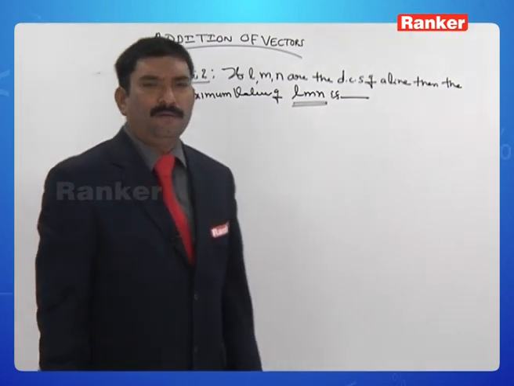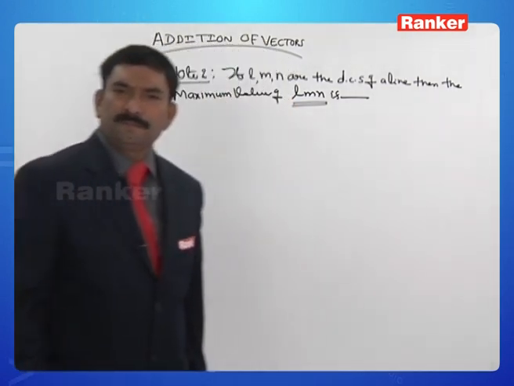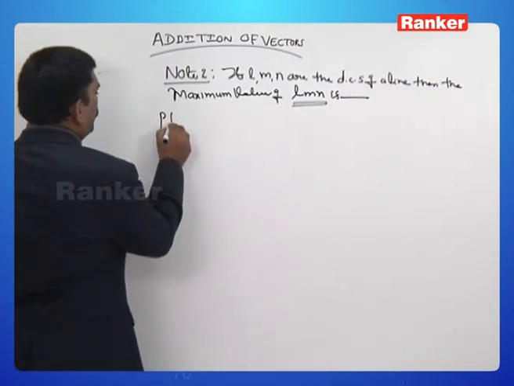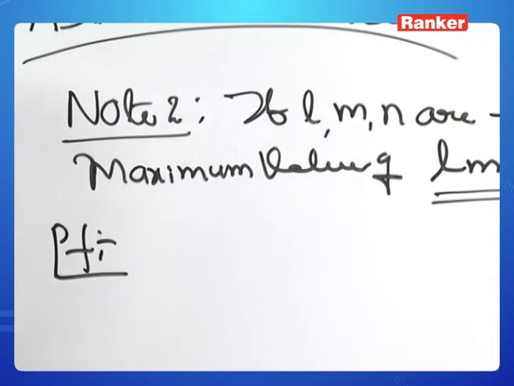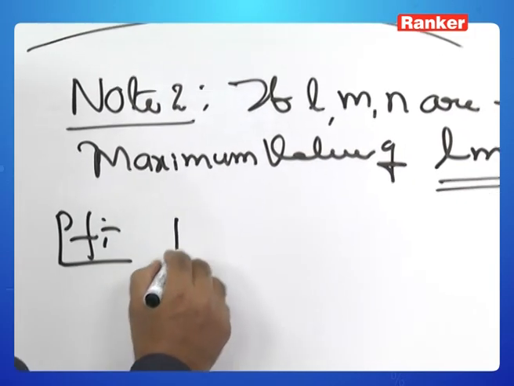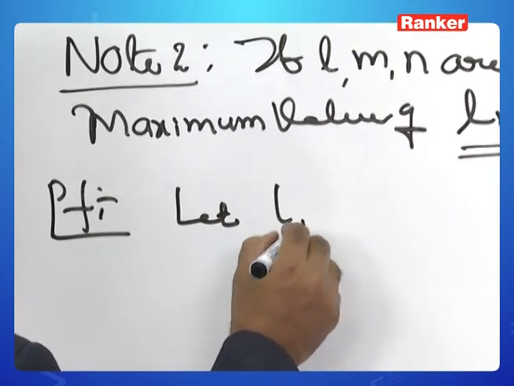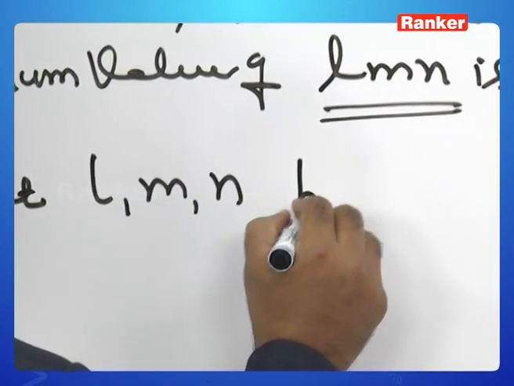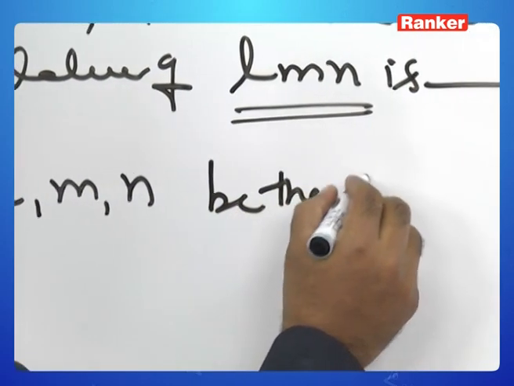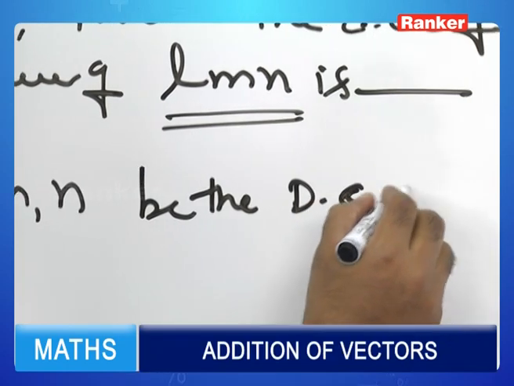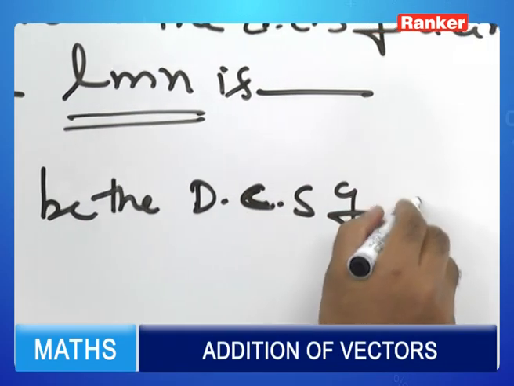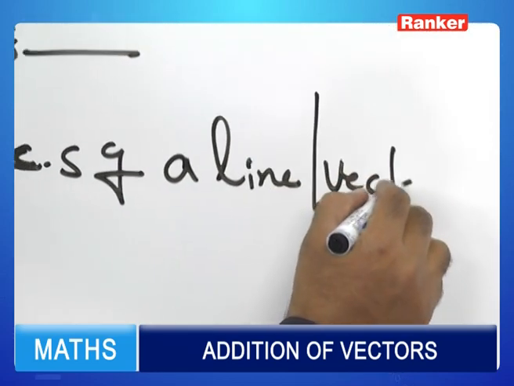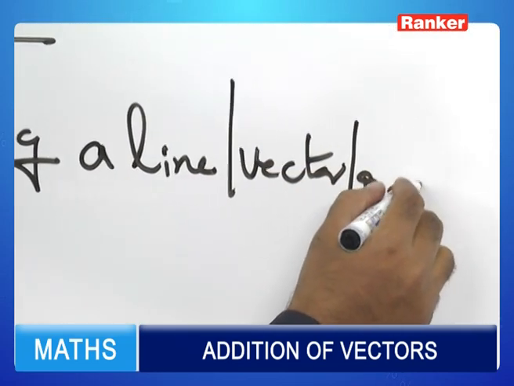Maximum value of LMN is dash. So now let us start. Proof of this one is: let L, M, N be the DCS of a line or vector or a ray.